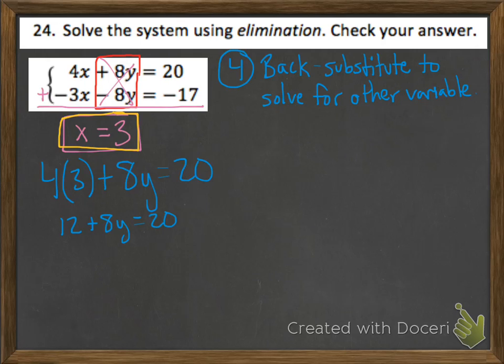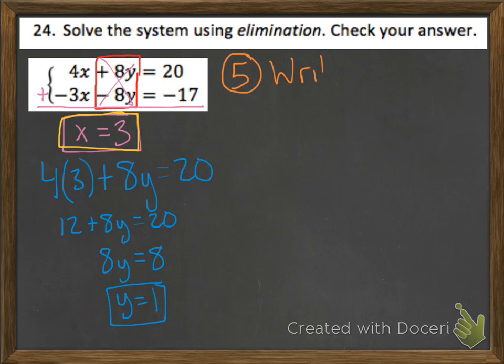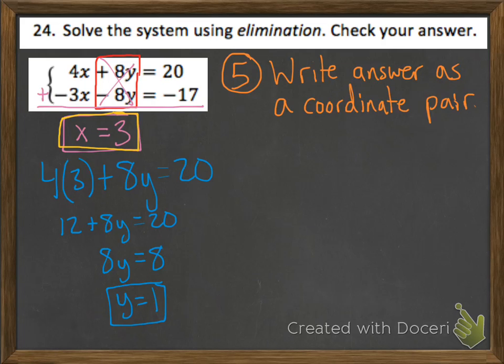So first I need to simplify, and then I work to get y by itself. So I subtracted 12 and then divided by 8, and I got y equals 1. I know x equals 3, y equals 1, and my fifth step, just like with substitution, is to make sure my answer is written as a coordinate pair. The coordinate pair is our x first, then our y, so 3, 1.